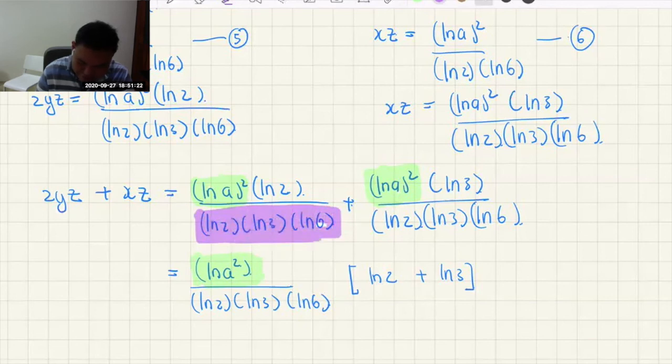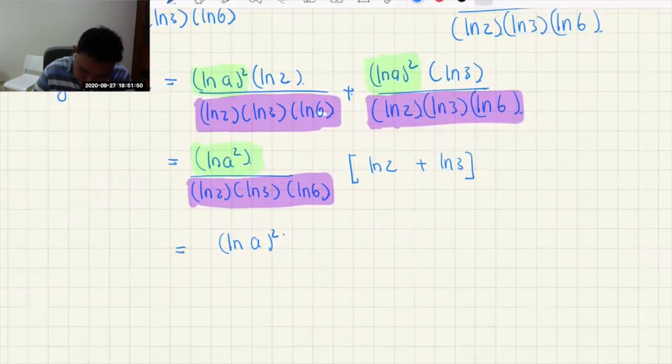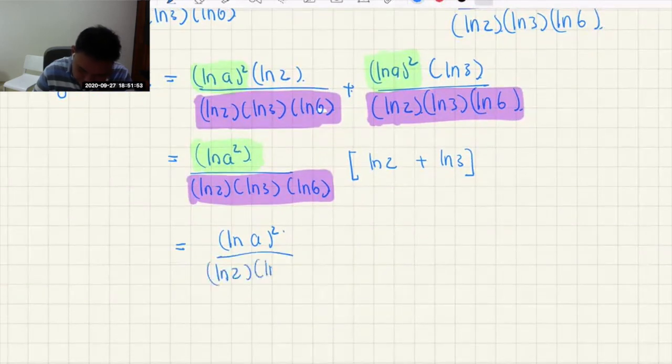This one, we take them out, then put the bracket here. Then ln 2, ln 3, and ln 6.